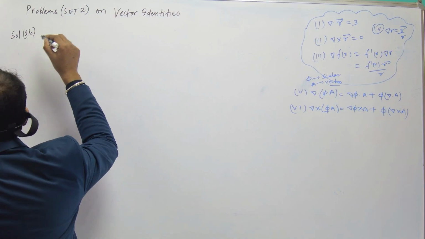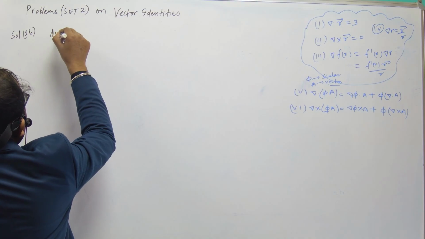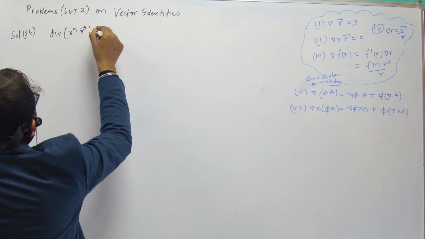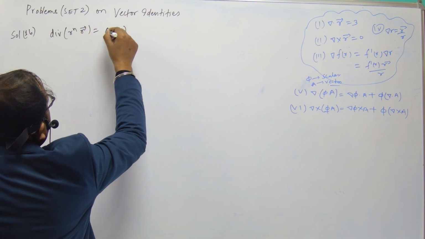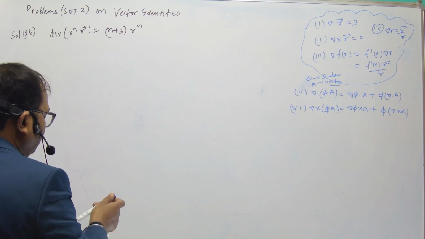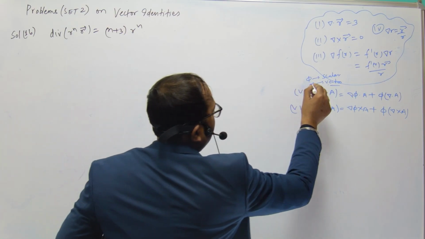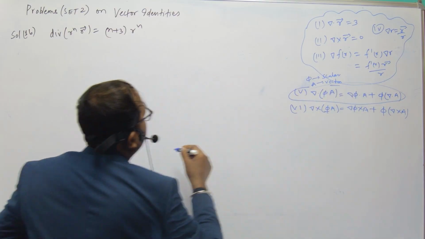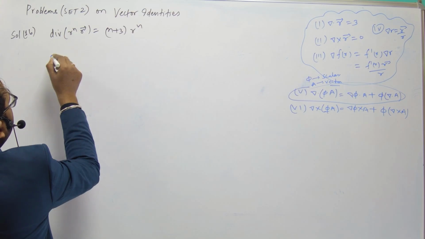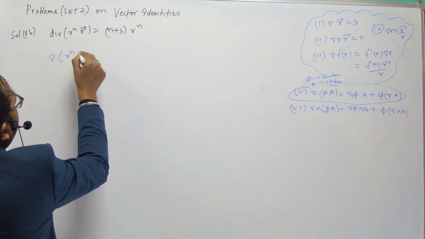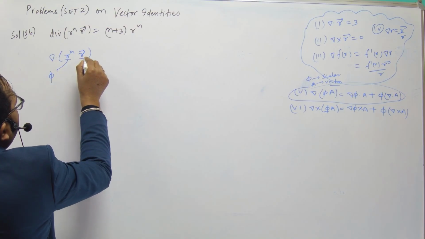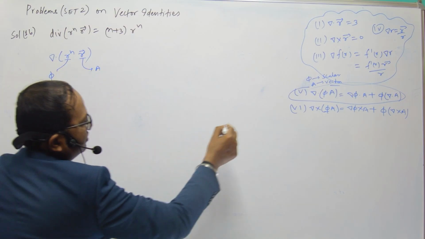Number 16. We have the divergence of r^n r vector equal to (n + 3) r^n. We will use this expression, the divergence of φA. So the divergence is ∇ dot r^n r vector. Let us take r^n as φ and r vector as A, and use this expression.